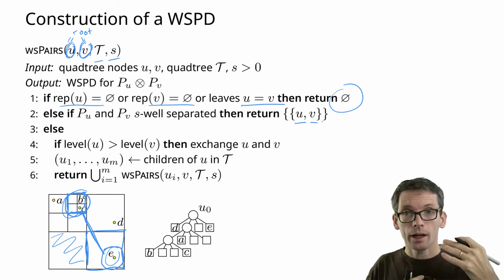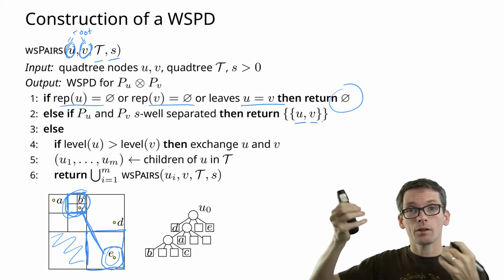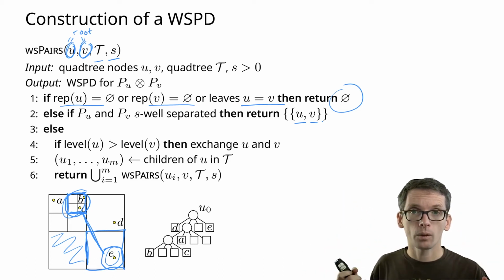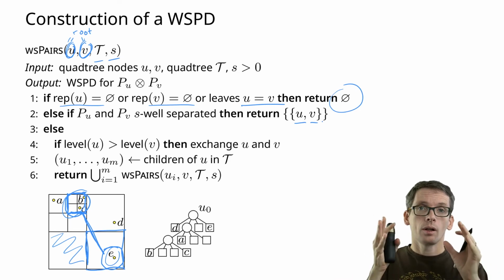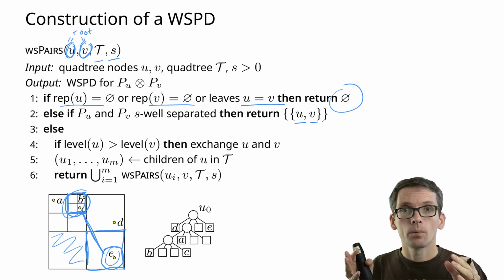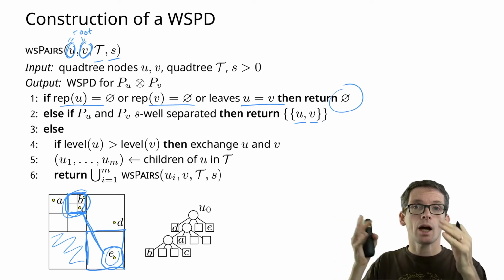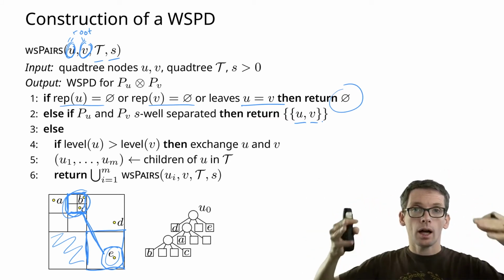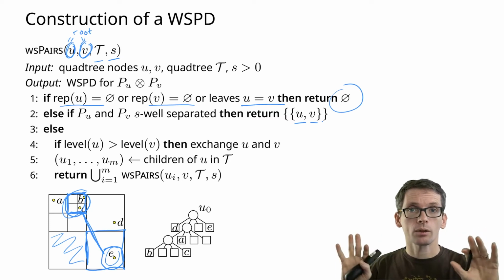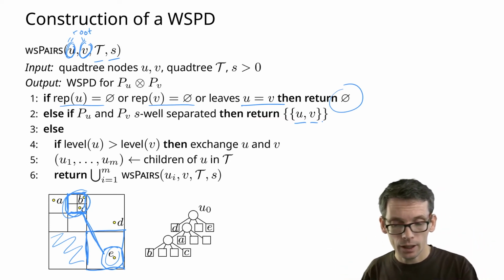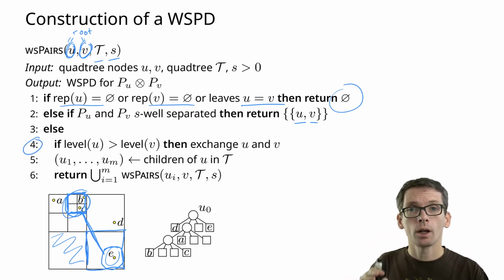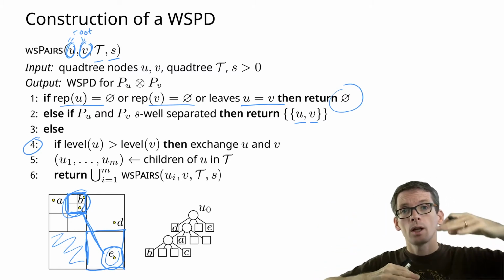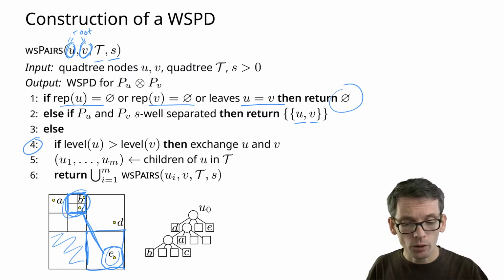Otherwise, let's say I have U and V and the two point sets are not well separated. What do we do? Let's assume U is a node with a larger level, meaning U is a larger square, or it might be the same size, also fine. If that's not the case, that's what we're handling in line 4. If U is further down the tree, meaning that V is larger, we're going to switch the roles.